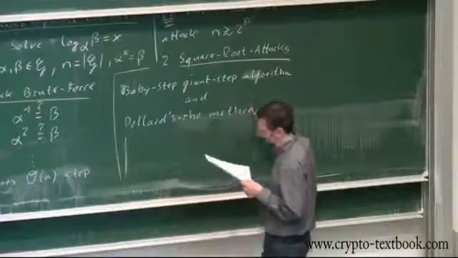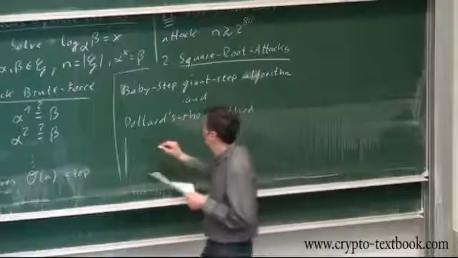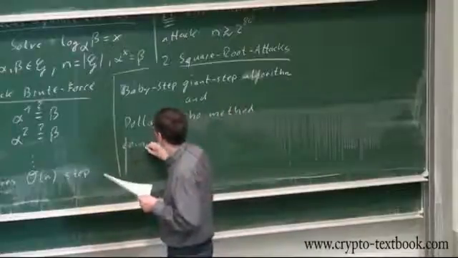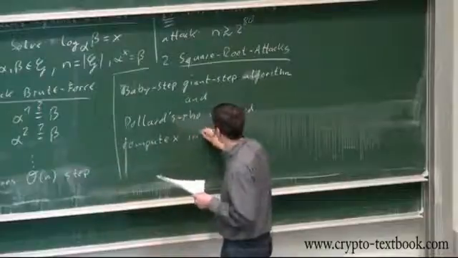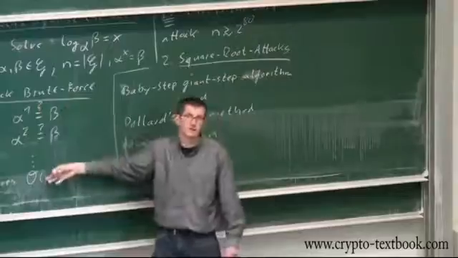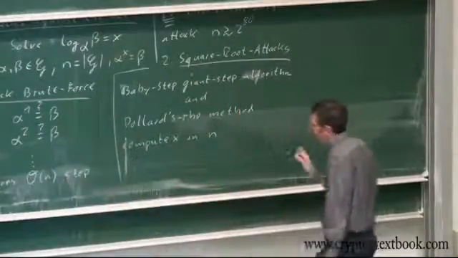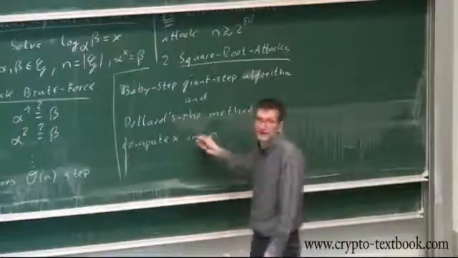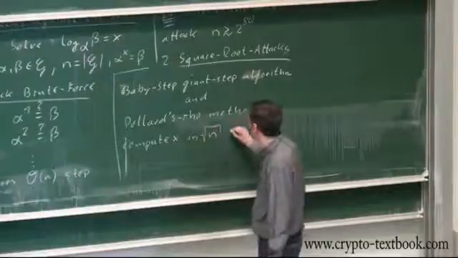So there are two attacks. They compute x in... Before, the brute force attack computes x in about n steps on average. So, they are called square root attacks because they use square root n steps.